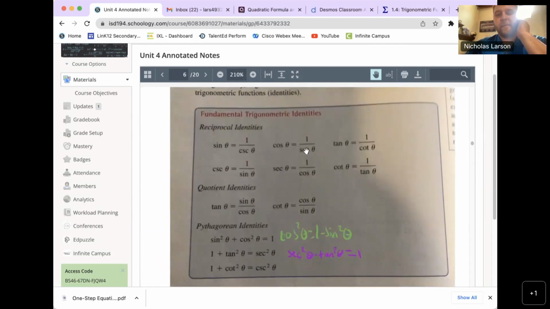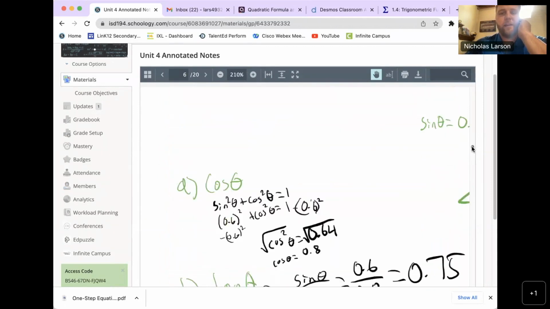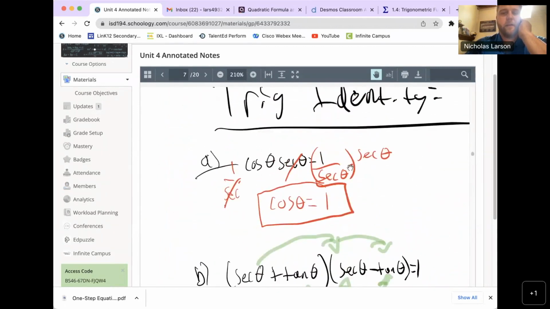Cosine theta is the same thing as 1 over secant theta. So all I had to do was rewrite, hey, 1 over secant theta times secant theta equals 1. So really, cosine of theta equals 1 because these are going to cancel out.